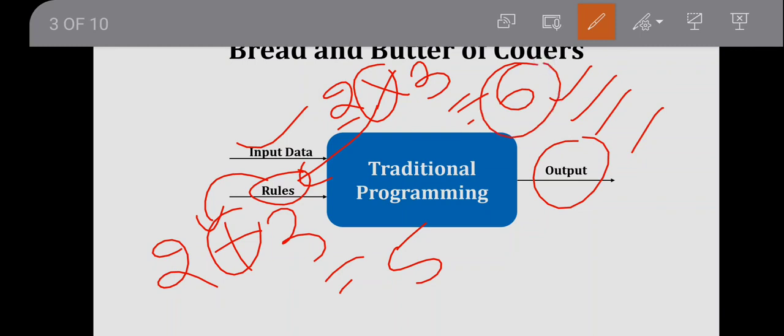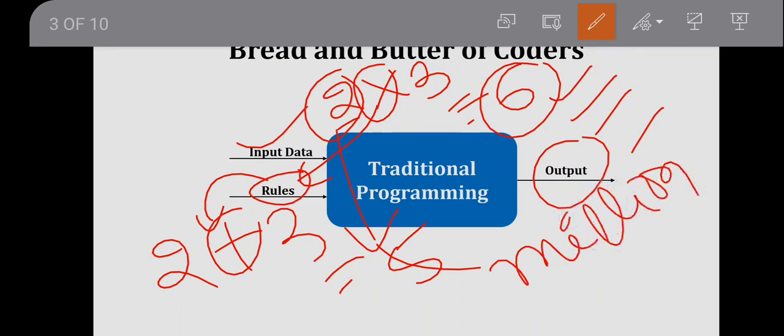But what if the data or the input sizes keep on increasing? Like if I start replacing a single digit with a million digits, then the program gets complicated.